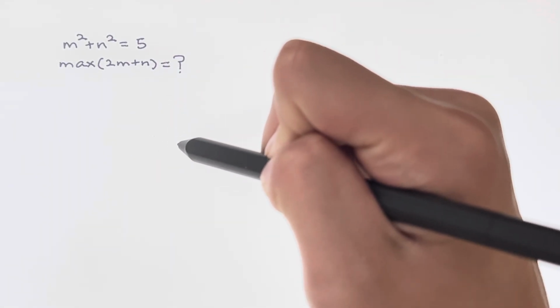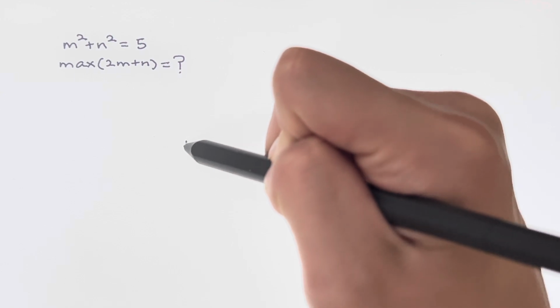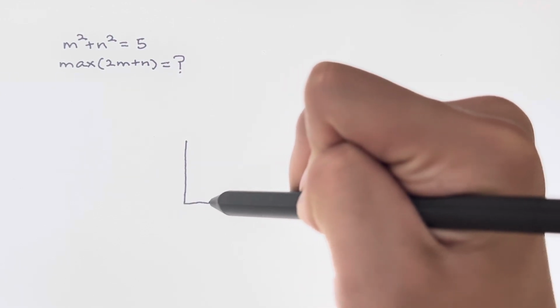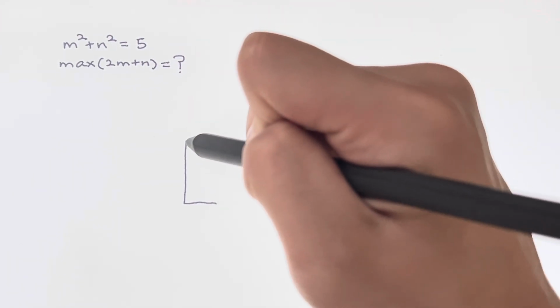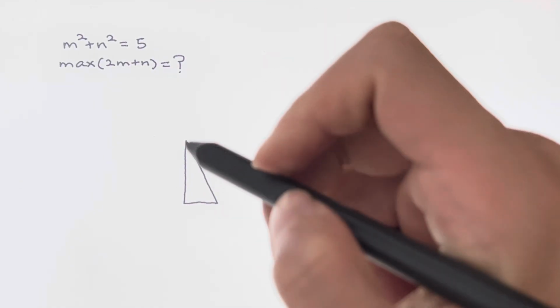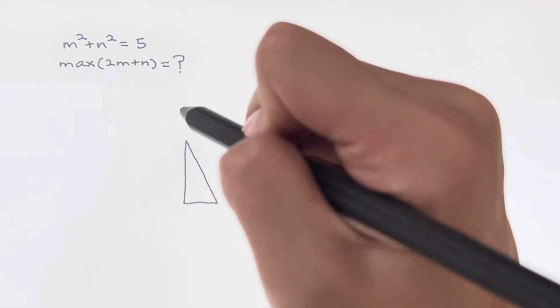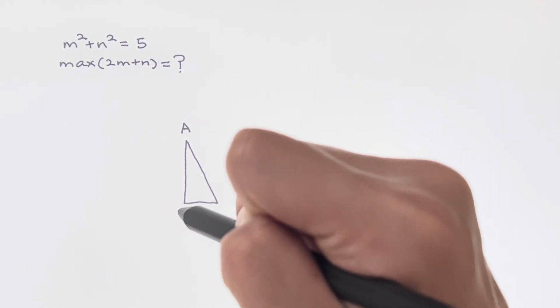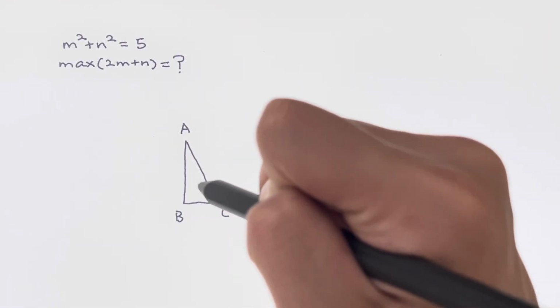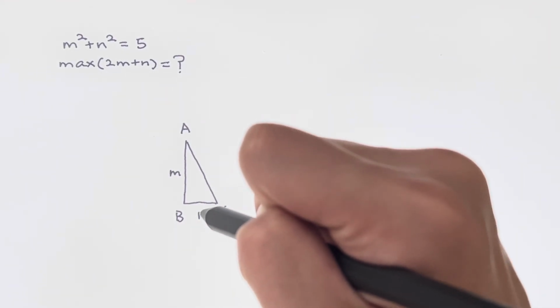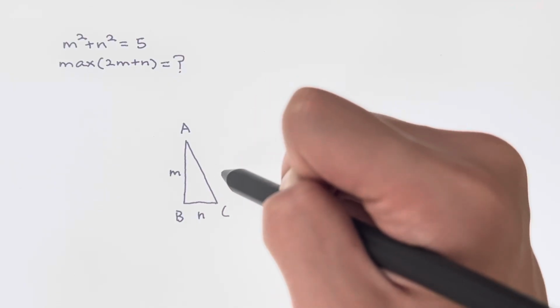So, we draw a right triangle with legs of m and n. And then we can call these points A, B, C, with AB as m, BC as n, and AC is going to be square root of 5.